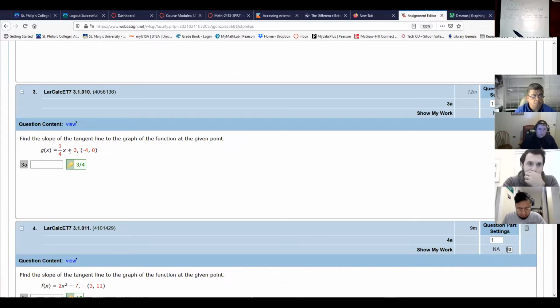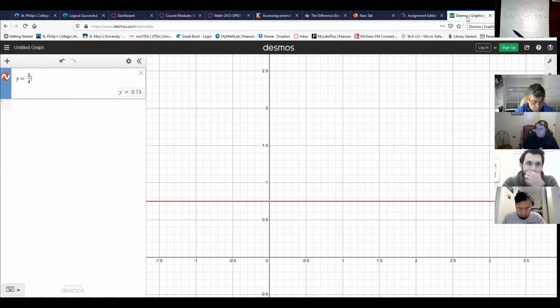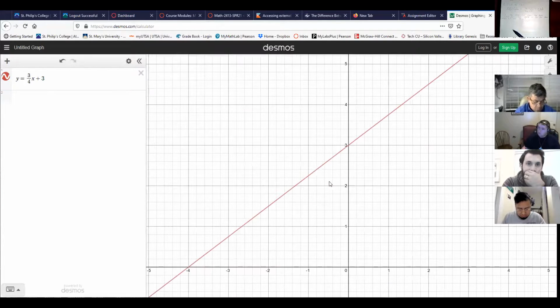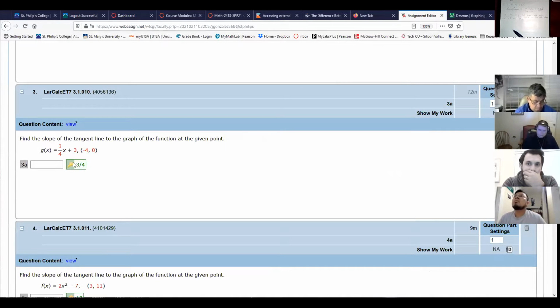So we're going to put this guy in here, 3/4 x plus 3. And that's just a basic line, right? You guys remember? There's an intercept right there and here. And it asks us, what is the slope of the tangent line at this specific point?